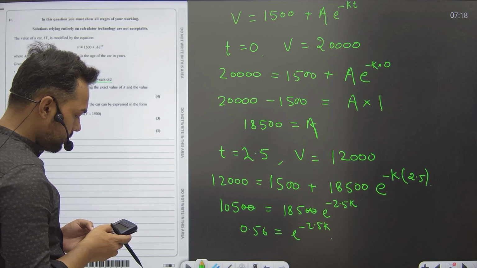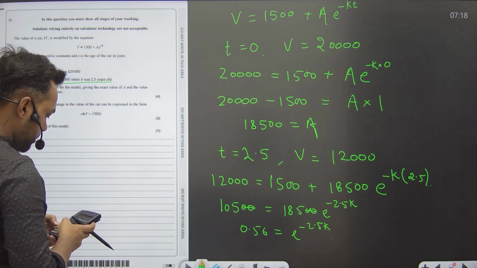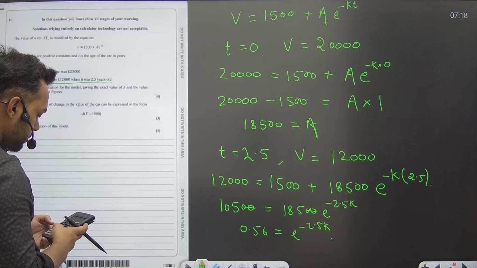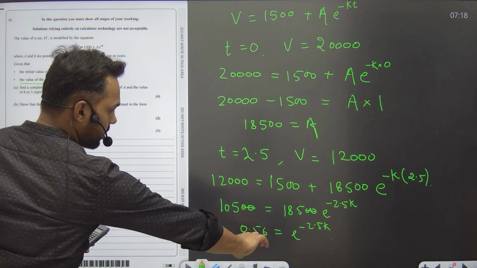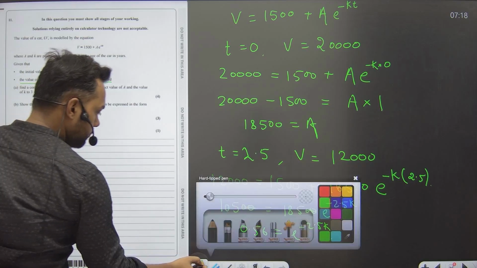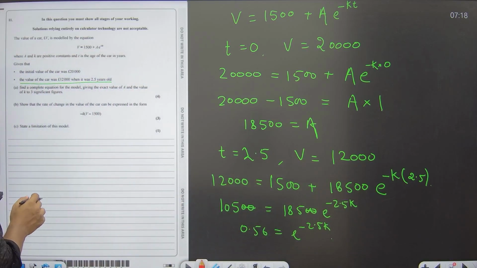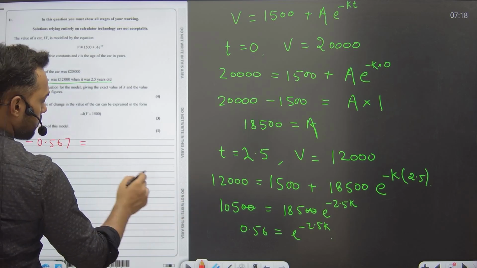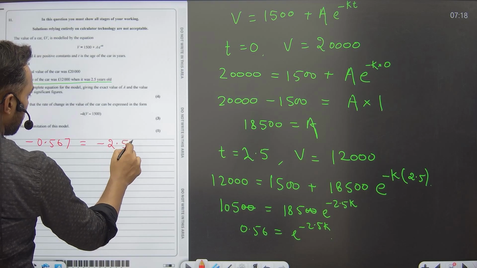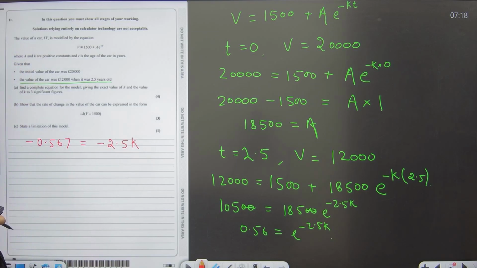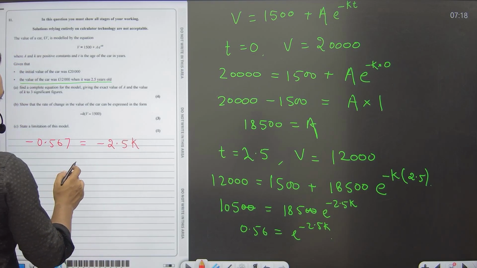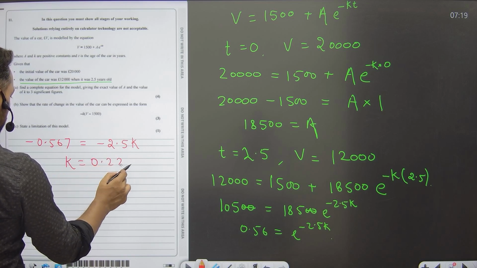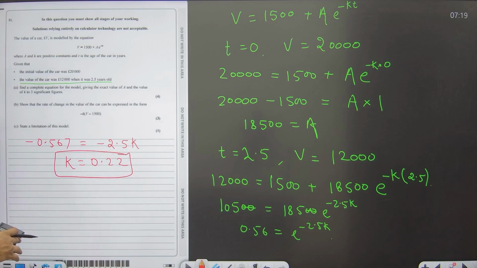Taking log on both sides, what will we get, students? We are taking log on both sides, so we will get negative 0.567 equals negative 2.5 k. So from here, if you calculate the value, you will get the value of k as 0.22. This is the value of k, students.